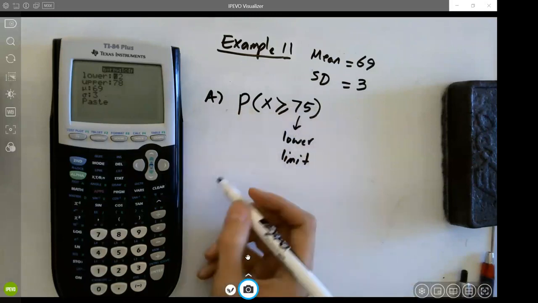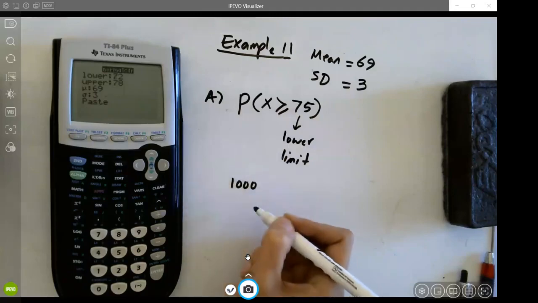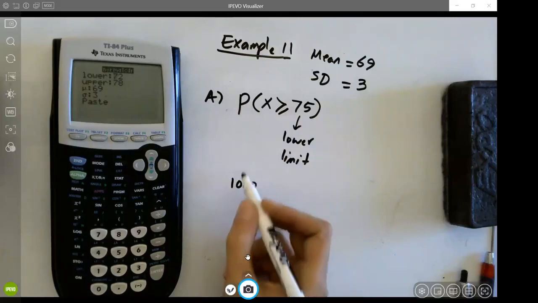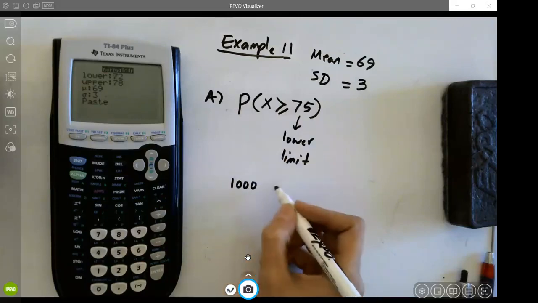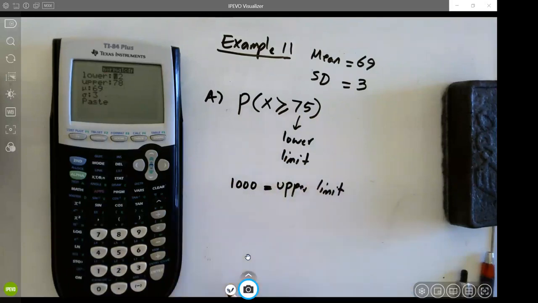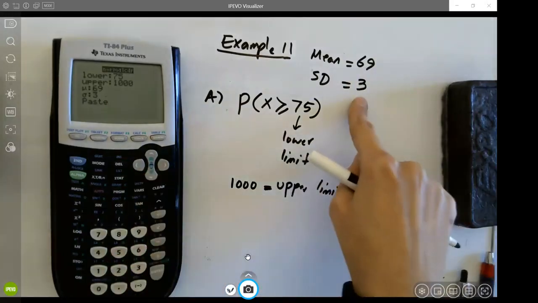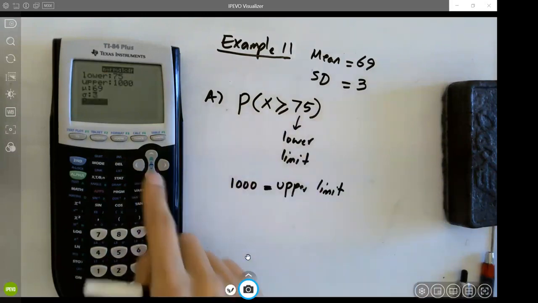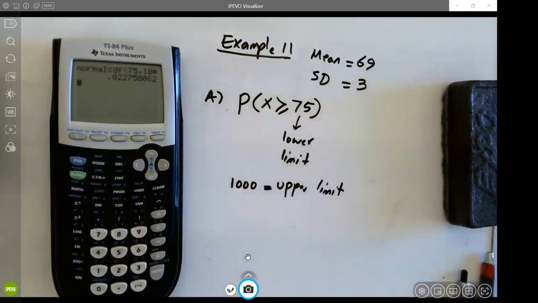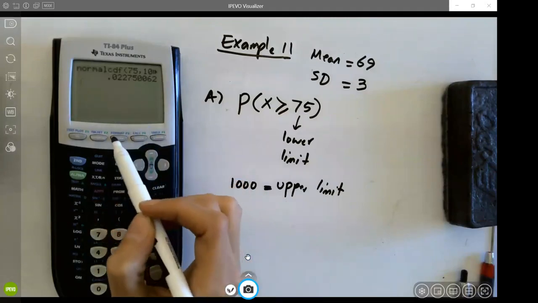You're going to select 1,000 or 100, 10,000, a very large positive number as your upper limit. So your lower limit is 75, your upper limit is 1,000, the mean stays as 69, standard deviation stays at 3, and we calculate the probability. This probability is 22.75%.